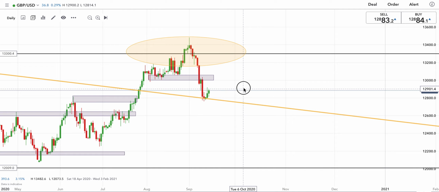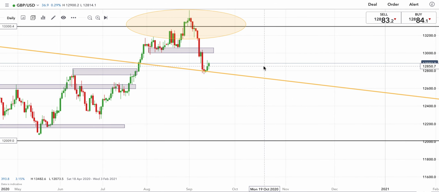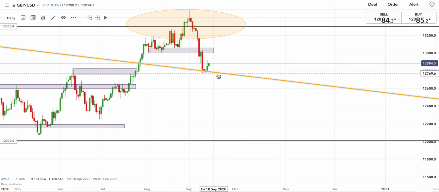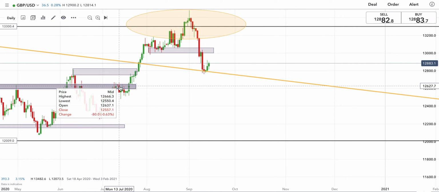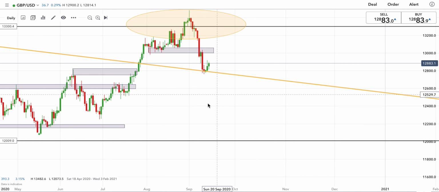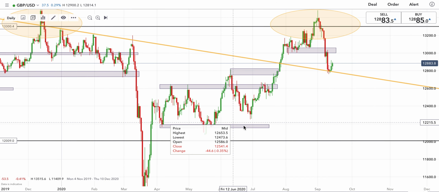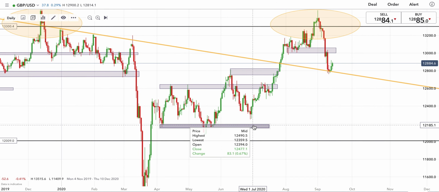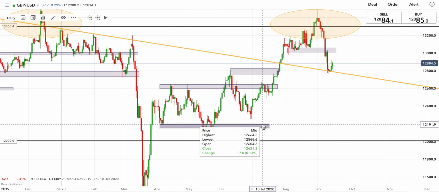In terms of exporter targets, if we do manage to fall back within this descending channel, so if we fall back below this descending line here, then the first target would be 126, which has acted as resistance previously, and below that then we'd have to go all the way back down to 122 for our previous support.